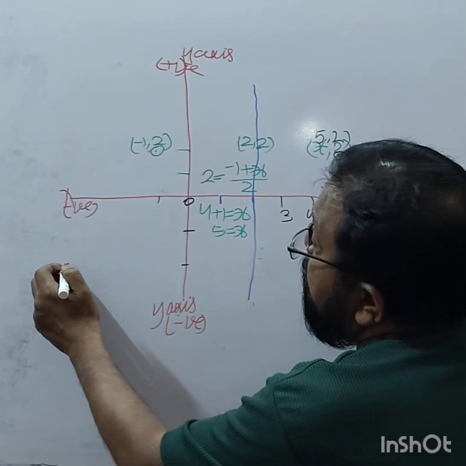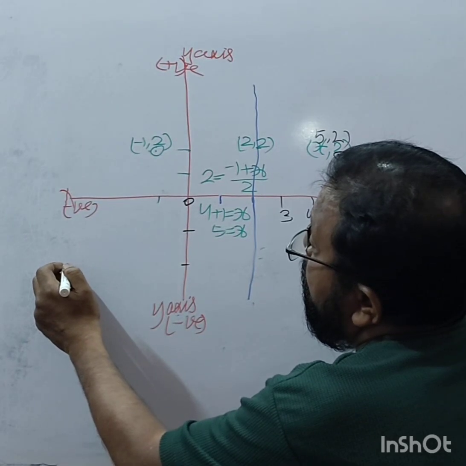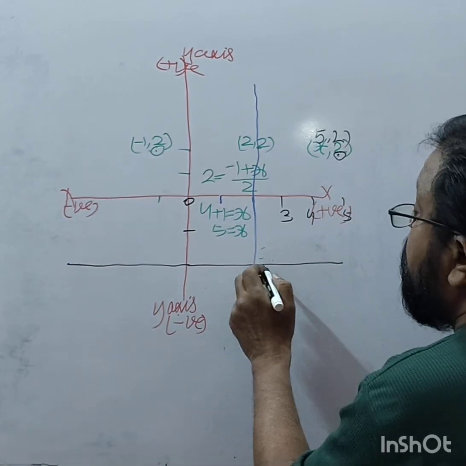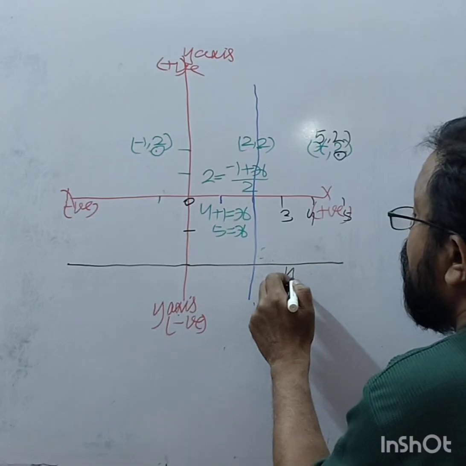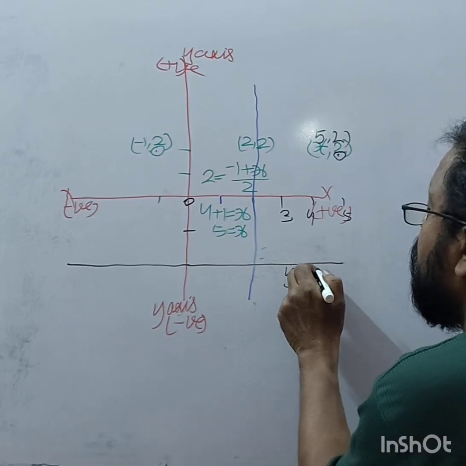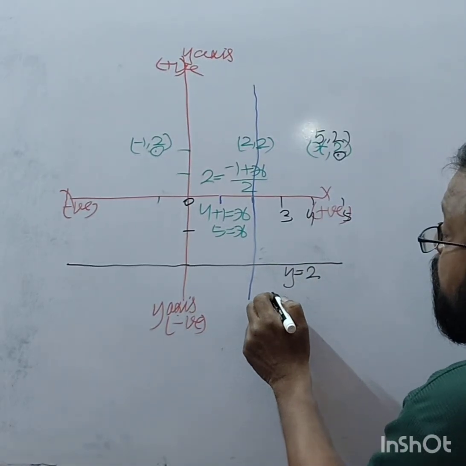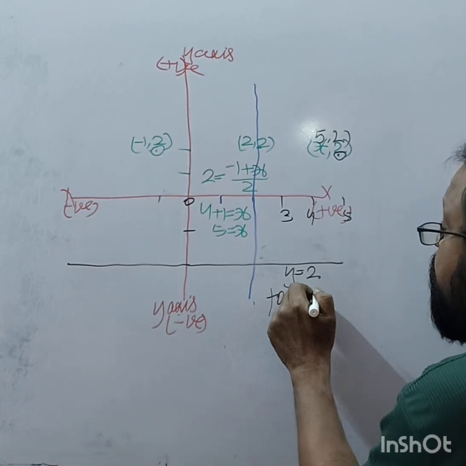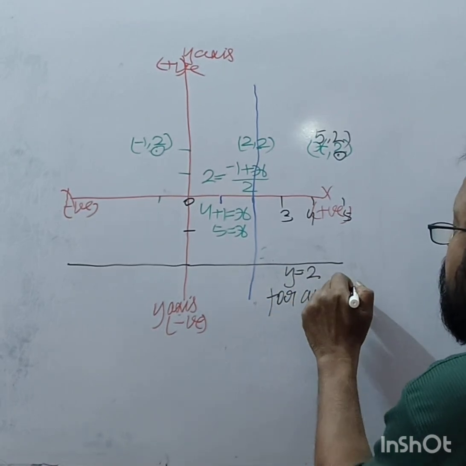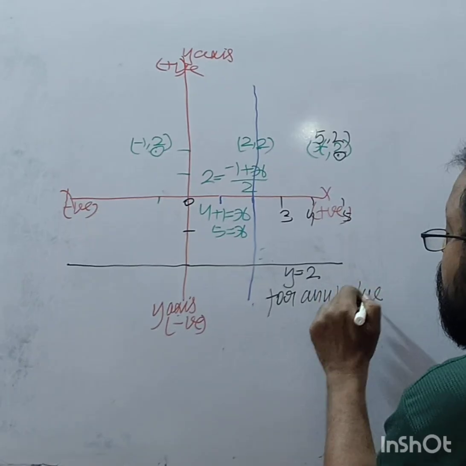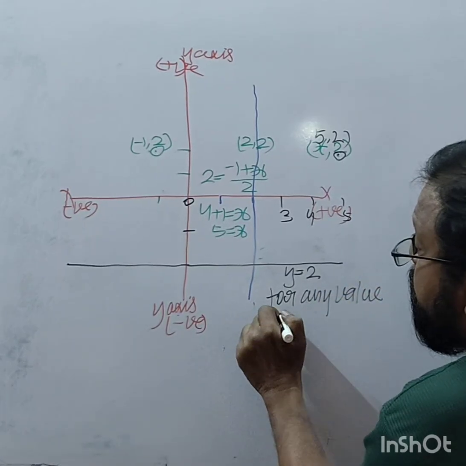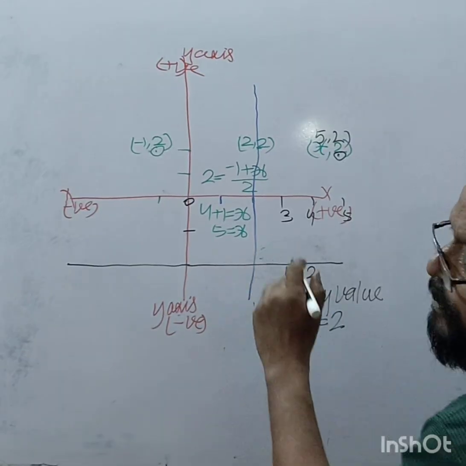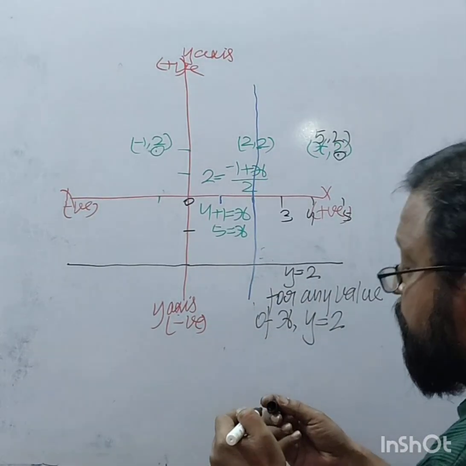Now there is a line, this is y is equal to 2. It means for any value of x, y is equal to 2, right?